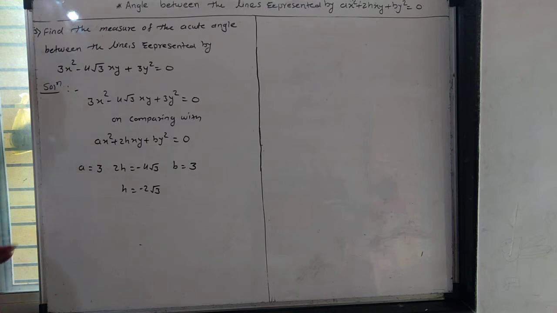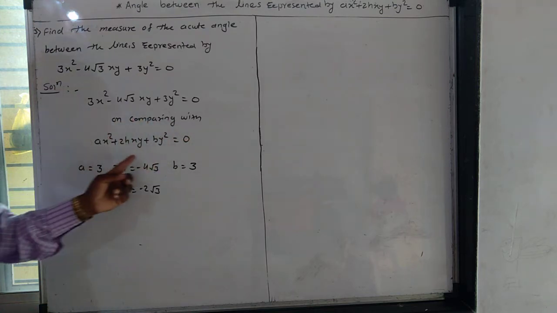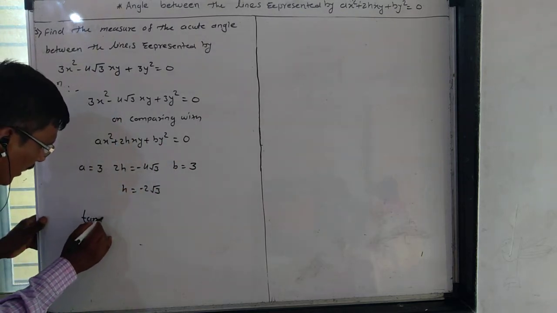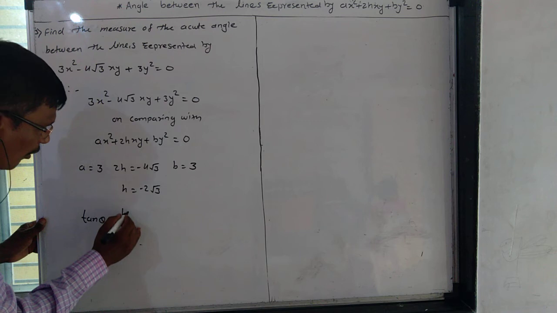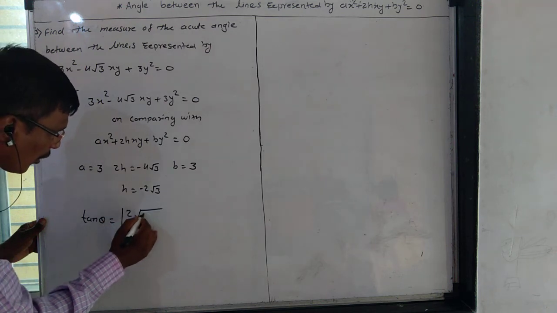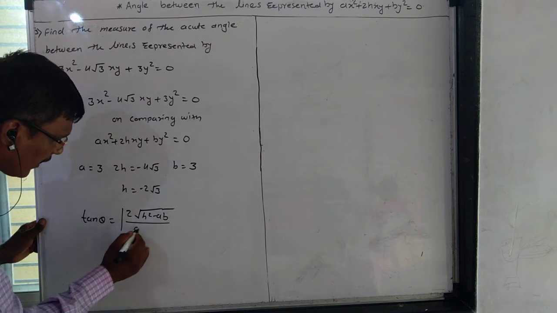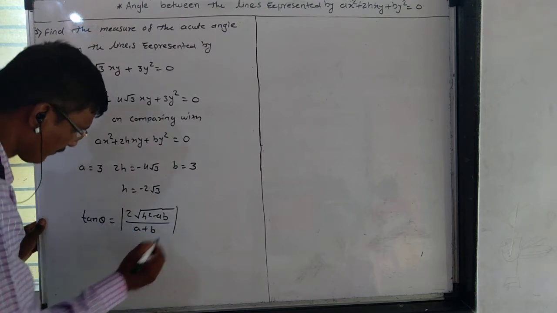We have the angle between the lines represented by this equation: tan θ = |2√(h² − ab) / (a + b)|.